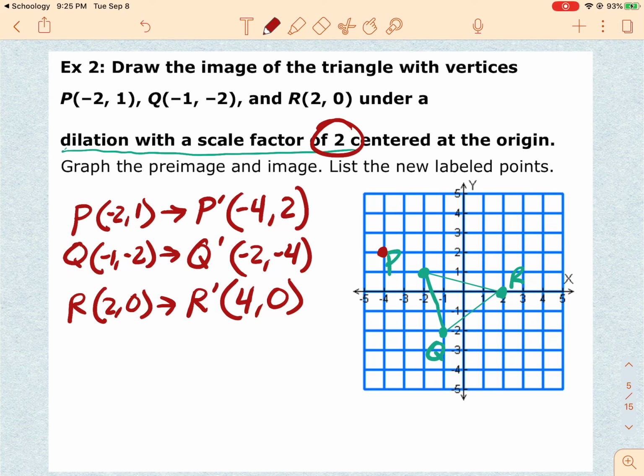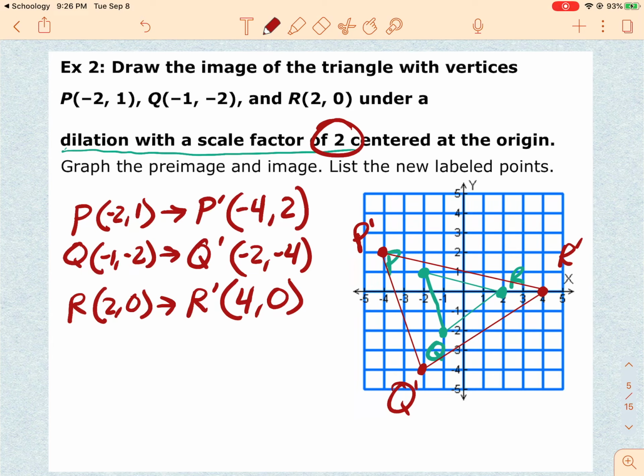If we plot those points, there's P prime, there's Q prime, and R prime. Connect those, and we're getting something that looks like that. One thing to point out is I should be able to draw a line from P prime through P to the origin.